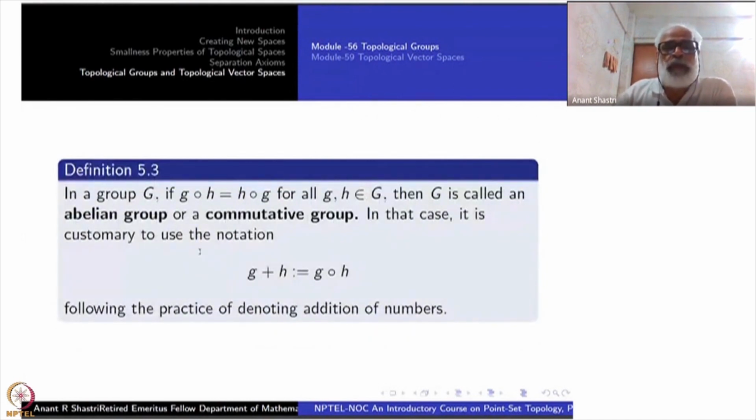In a group G, if the composition happens to have this property, namely G composite H equals H composite G for all G and H, then G is called an abelian group or a commutative group. Okay, this is similar to the case of integers, rational numbers, real numbers, and so on. So there, the standard notation is plus, G plus H for G composite H. But that is not forced on us because there may be more than one composition, both of them commutative.